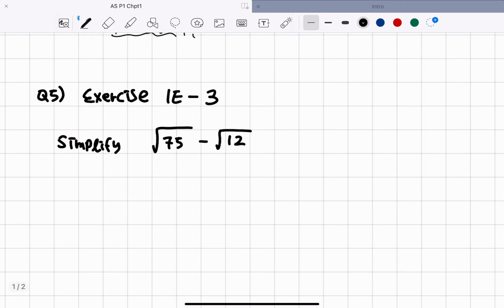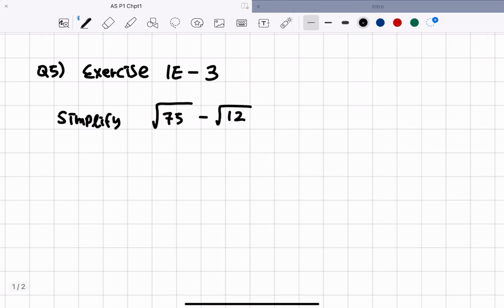And question 5 is from exercise 1E, third question. Let's simplify square root of 75 minus square root of 12. This one is also a bit simple, right? To simplify square root of 75, we need to find the factors of 75.